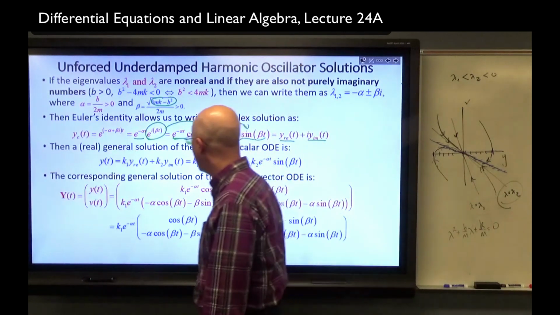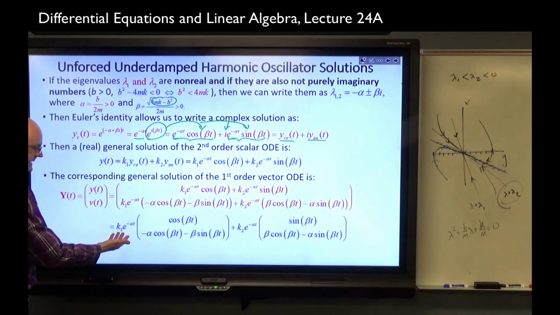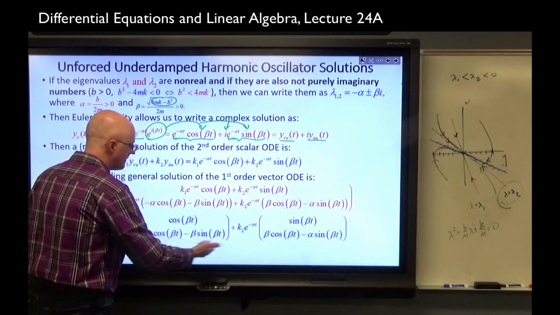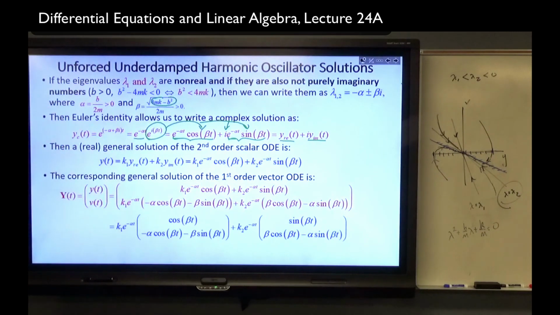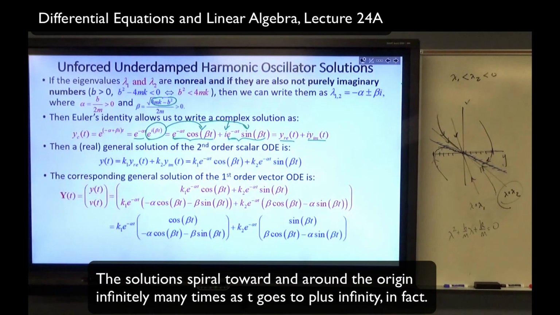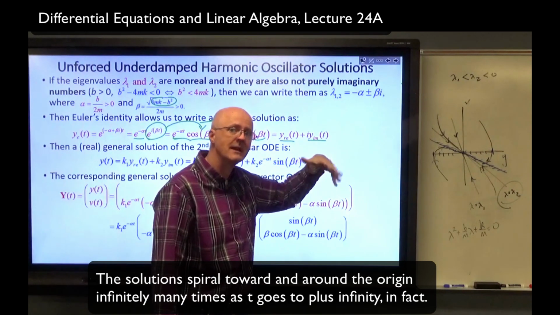There is exponential decay. Alpha is positive, so that negative alpha is negative. This decays to 0, and this decays to 0. But because of the cosines and sines, there's still oscillations. The solutions in the phase plane oscillate around the origin. They spiral in toward the origin. The origin is a spiral sink because the real part of the eigenvalues is negative, like I said in the first slide.